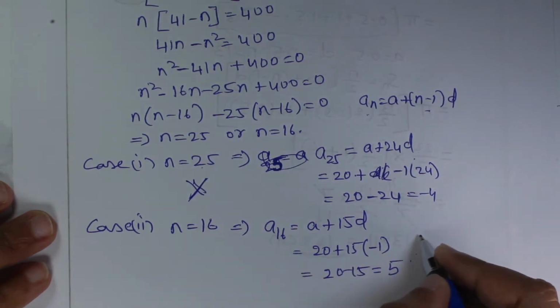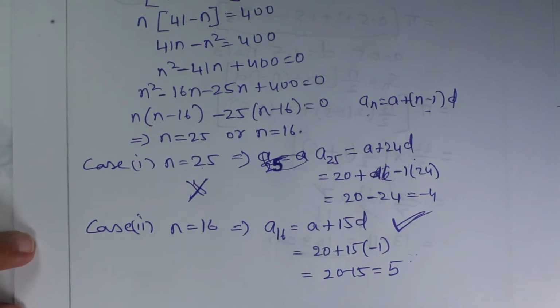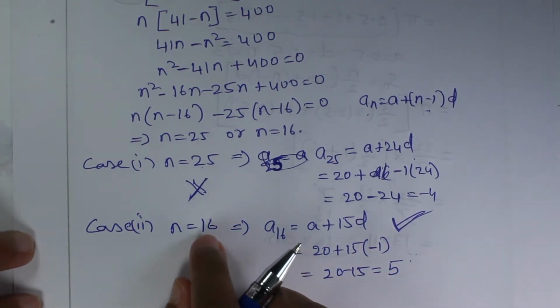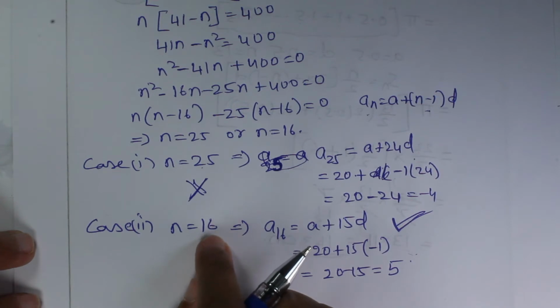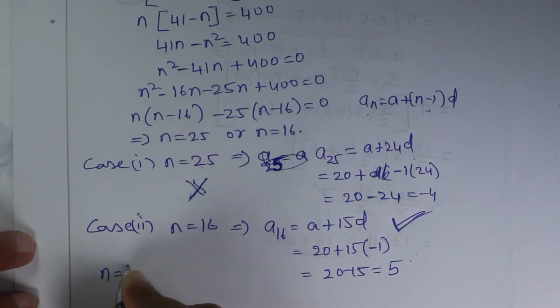So we will consider this case, n is equal to 16. So how many rows are there? They are arranging 200 logs in 16 rows, and in the top row there are 5 logs. Hope this is clear for you. n is equal to 16 and a16 is equal to 5.